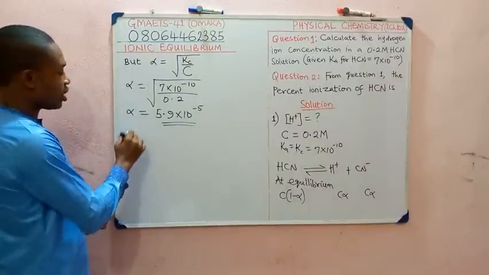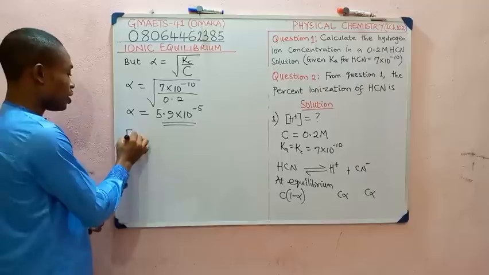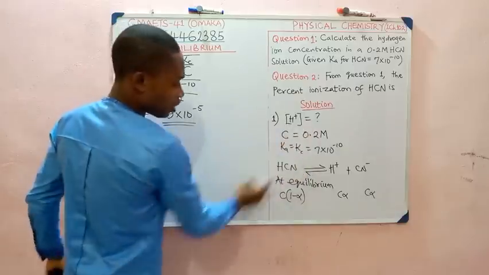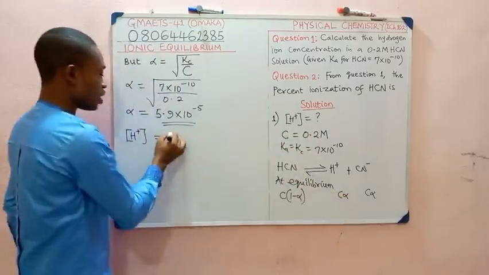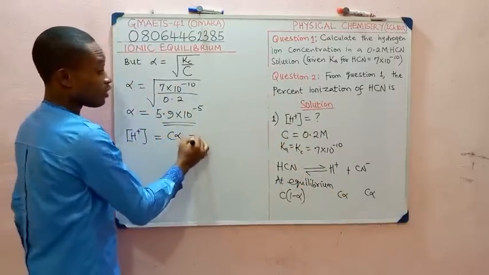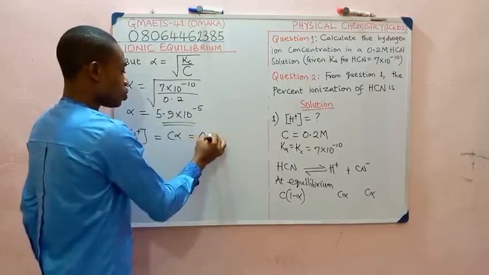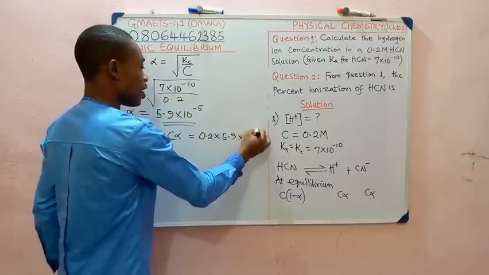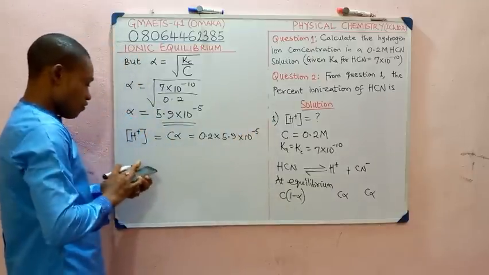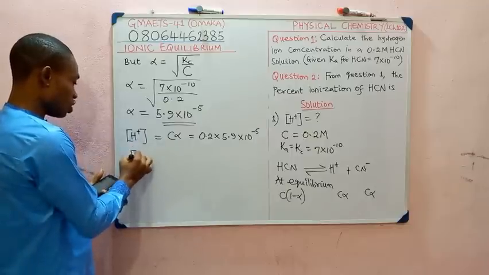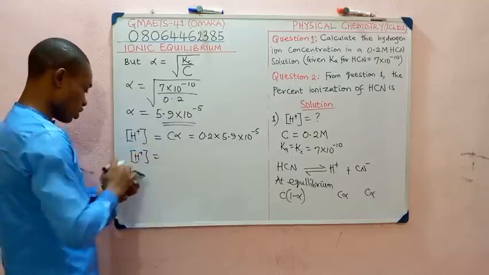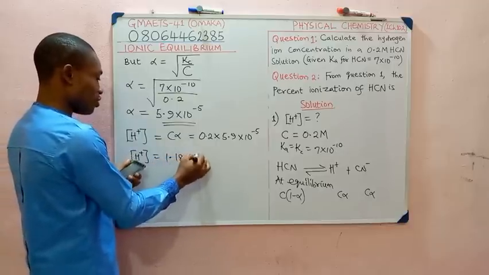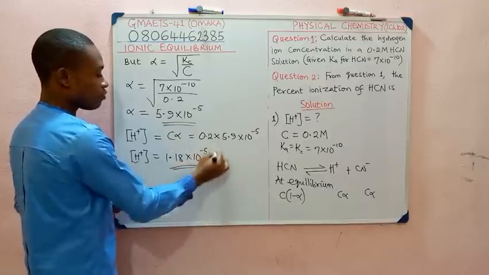Looking at the formula, the concentration of hydrogen ion is equal to C alpha, so that's 0.2 multiplied by 5.9 times 10 raised to the power minus 5. If we work through that, the concentration of hydrogen ion is 1.18 times 10 raised to the power minus 5 molar.